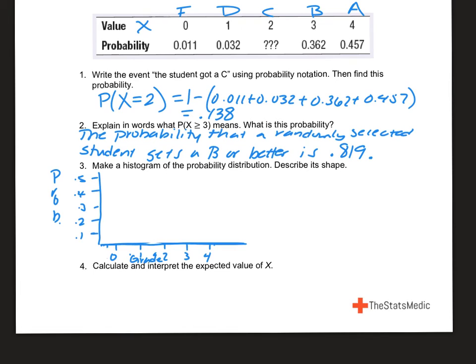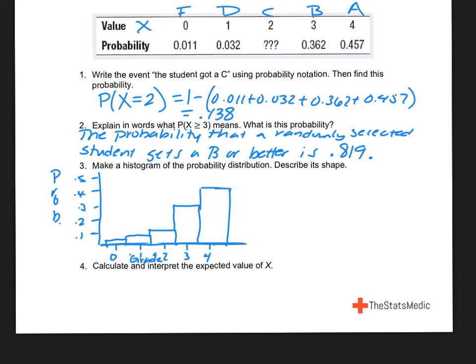So 0 is a really small little chunk. 1 is another really small little chunk. 2 is going to go up just past the 1. 3 is going to go up about halfway between the 3 and the 4. And then 4 is going to go up about halfway between the 4 and the 5.